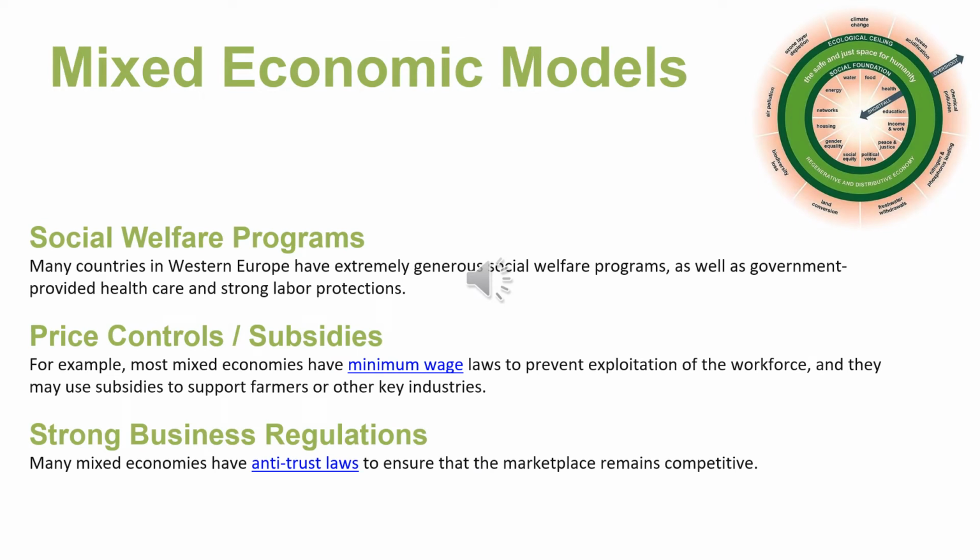One of the things that a mixed economic model will do for a company is consider the impact of either the production, the distribution, or the reclamation of their product, the product life cycles. What is the impact on the social infrastructure of the community that they serve or the community that they take natural resources from?